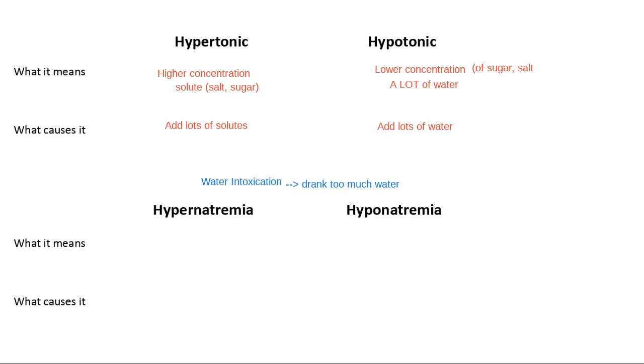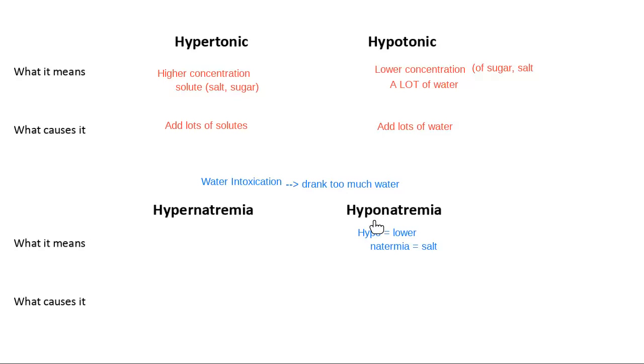Hyponatremia. So hypo equals below or lower. Natremia equals salt. Hyponatremia, low blood salt levels. Just like we said, to make something hypotonic, you just add water to it, that dilutes it.